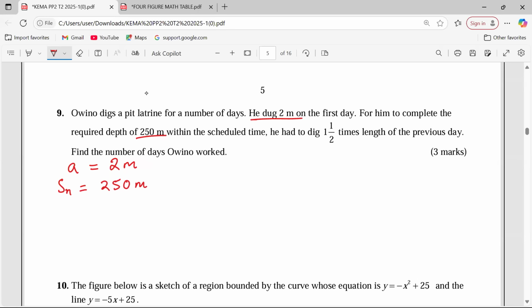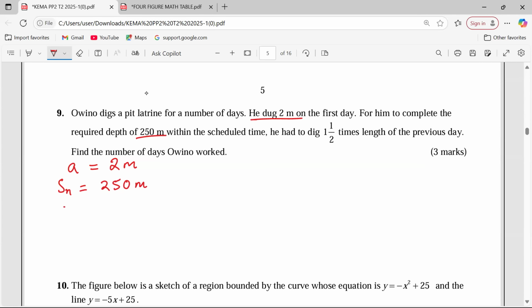Then now, how is he digging in the successive days? After digging today, tomorrow's length shall be 1.5 times the length of the previous day. That means for us to get the next value, we will be multiplying the previous day's depth by 1.5.